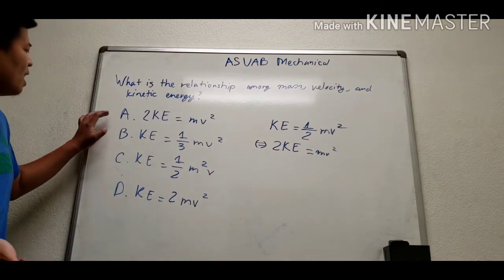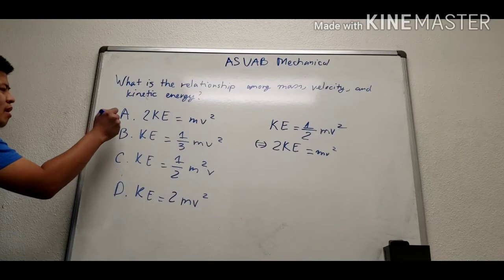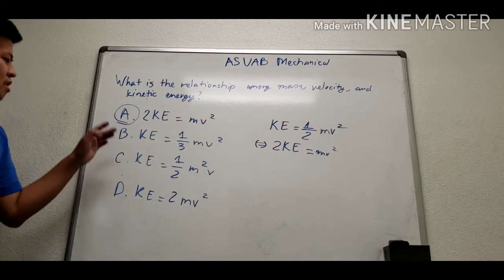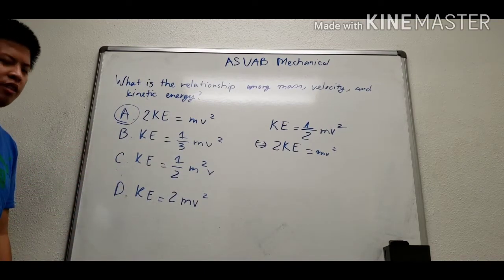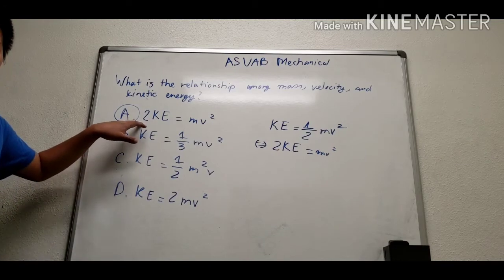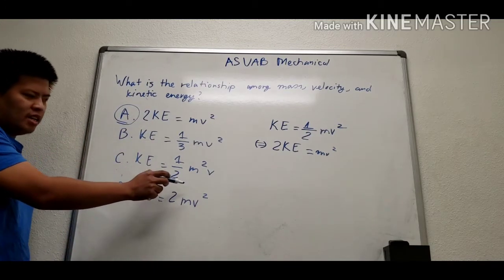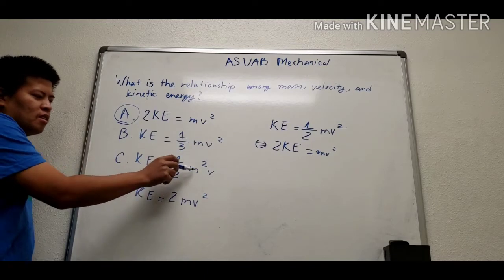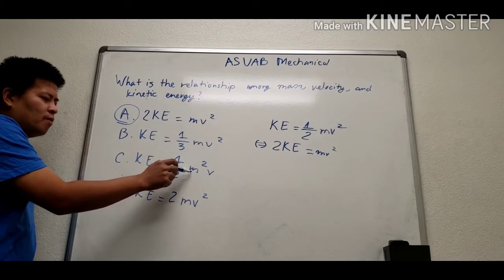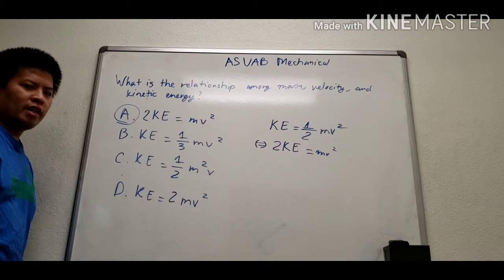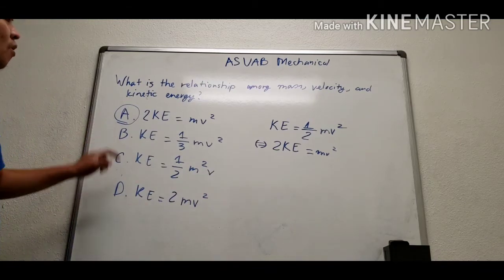So we have that the answer is A, because they make the tricky question. They just move the number 2 on the kinetic energy, and they thought that we choose C is correct, but you know that they have the square on the mass, but that is not correct. So answer A is the correct answer.